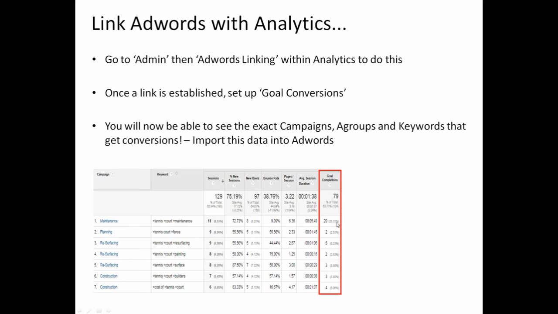So in this example here, this is a new client, so we're still getting going really, but we can see that we're getting a lot of our goal completions through the tennis court maintenance keyword within the maintenance campaign.